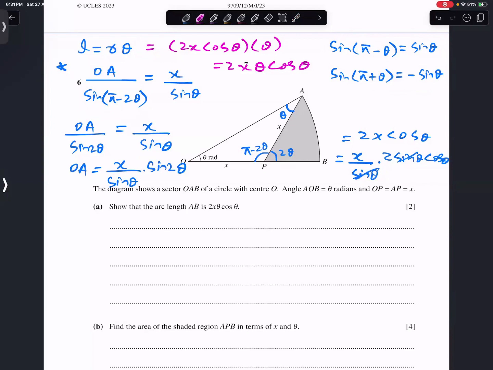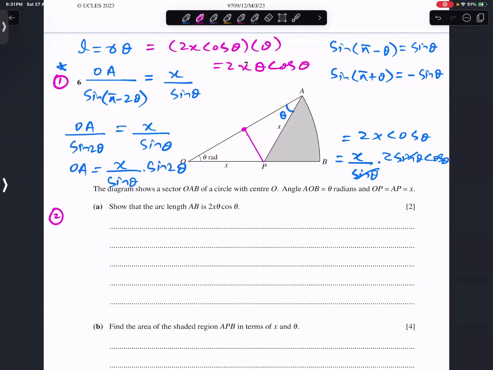Okay. This was solution number 1, now solution number 2. Students, let's say if you draw a perpendicular on OA, as you know that these angles are 2 theta. So this is an isosceles triangle.